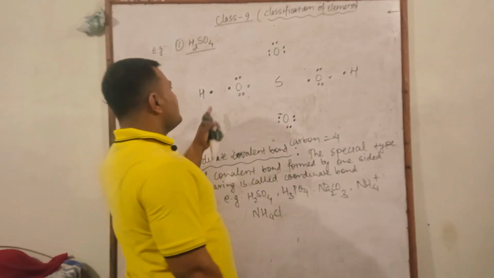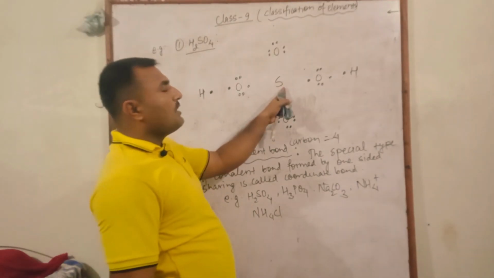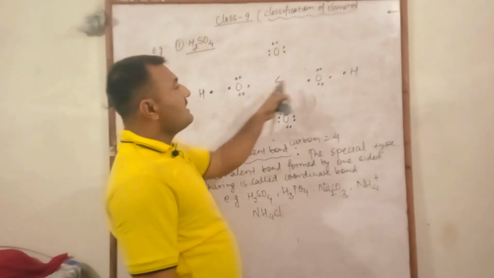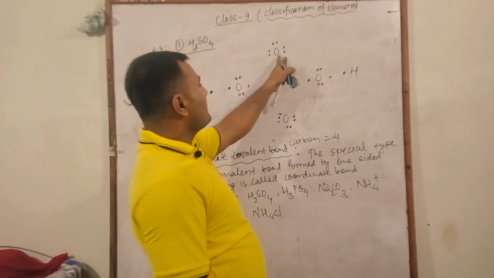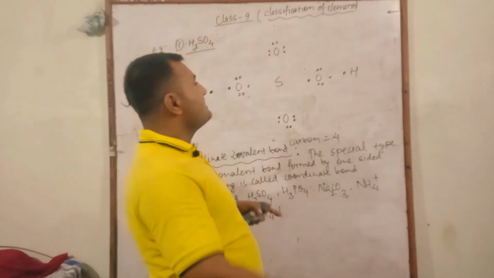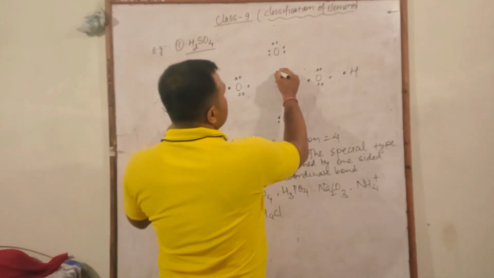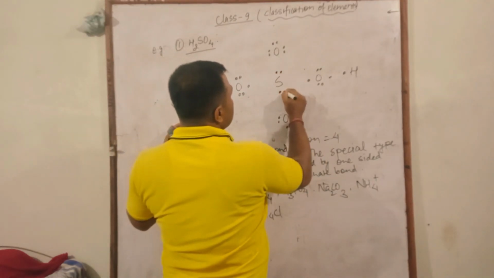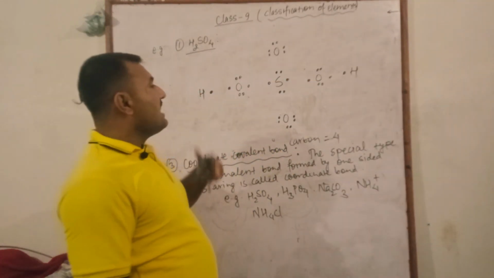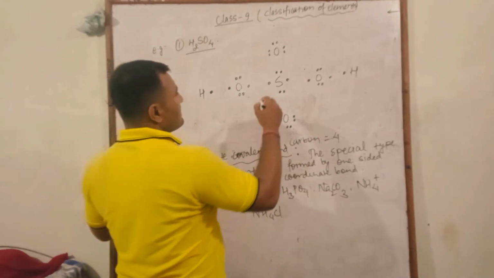Here we imagine that oxygen shares one electron with hydrogen and one with sulfur. Therefore, we write 2 electrons on both sides. Here also the same way. Here these two bonds are formed by one-sided sharing, therefore we write all electrons on one side. Then sulfur also has 6 electrons, 4, 5, 6. They are imbalanced, and now we complete the duplet and octet state.